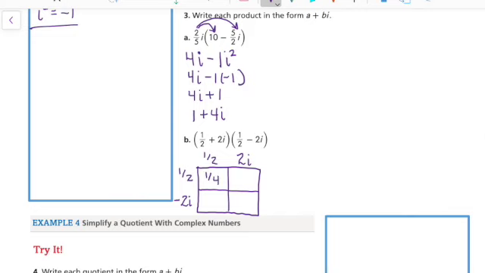1/2 and 1/2 is 1/4. 1/2 of 2 is 1. 1/2 of -2 is -1. And then negative 2i times negative 2i would be negative 4i squared, which would equal negative 4 times negative 1, which is actually 4.